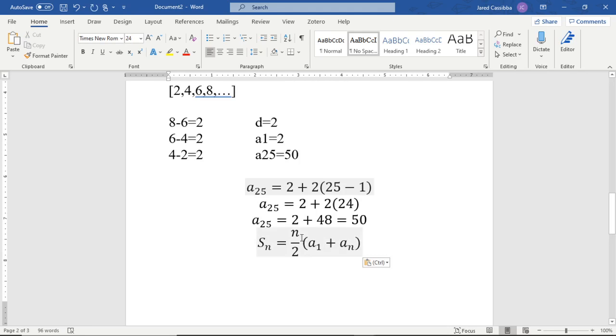Where you see the n, we're going to plug in the 25. For a_1, we're going to plug in the first number, which was 2, and then 50, which is the 25th term. Now, again, we have to reduce it.